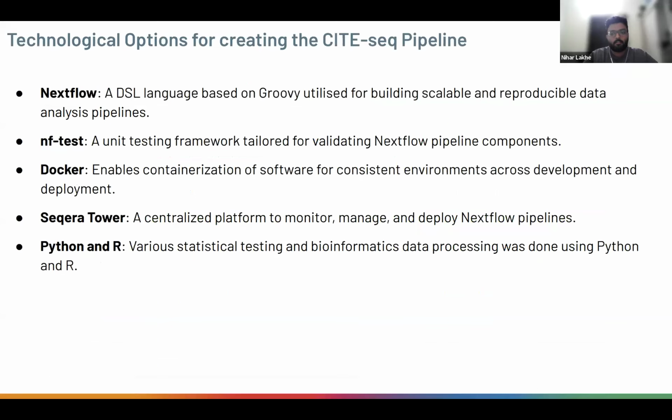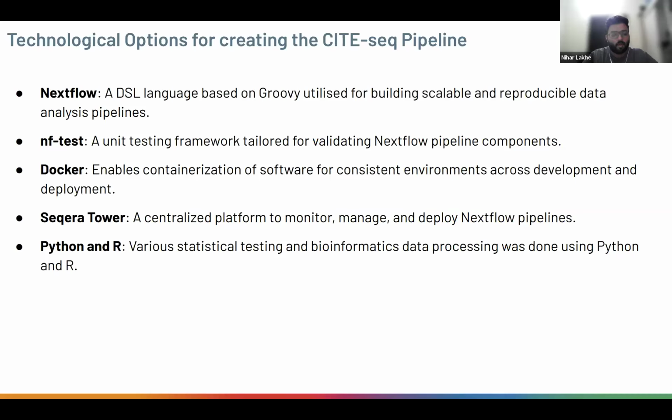As I mentioned, once we have the ADT and RNA files, we can analyze them and form a pipeline. Following are the technologies that we can utilize to create a pipeline for CITE-seq. First and foremost, Nextflow, a domain-specific language based on Groovy, which can be utilized for building scalable and reproducible data analysis pipelines. We further use nf-test, a unit testing framework tailored for validating Nextflow pipeline components.